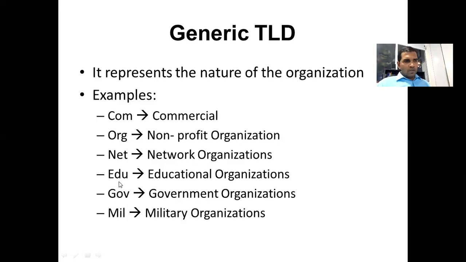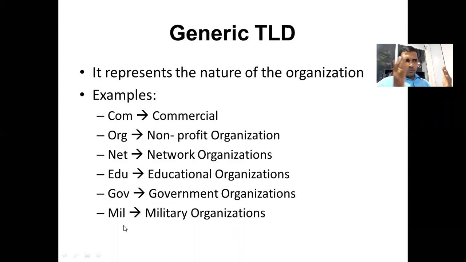Even I can say that there are no URLs in Sri Lanka with the TLD GOV or MIL or something. Because this EDU, GOV, MIL, all of them are TLDs, but mostly up to now, they are implemented within the United States of America. They use such TLDs for their organizations, but they are not used in other countries.